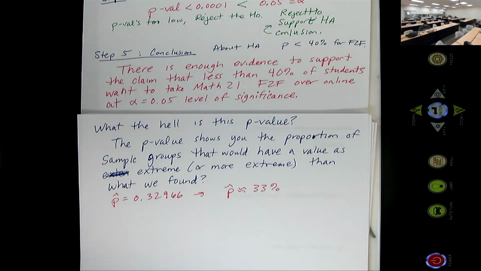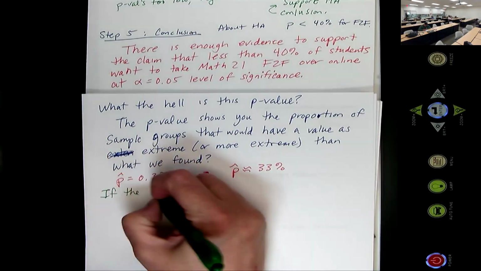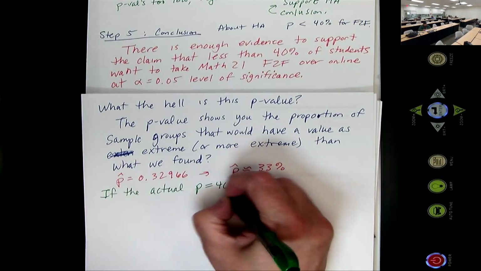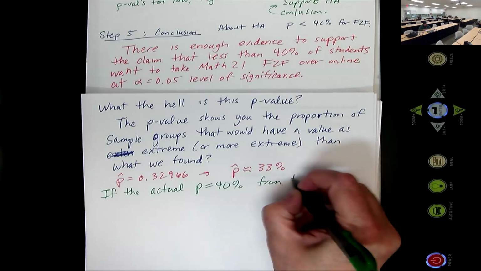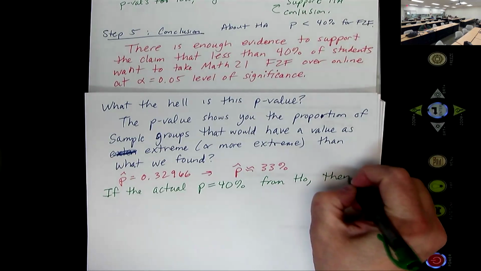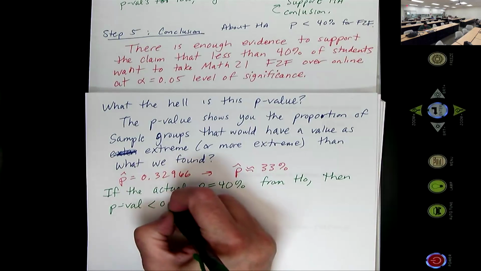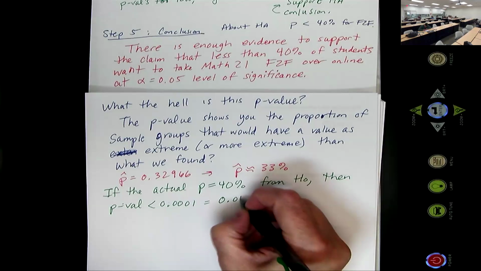If the actual percentage was 40% from the null hypothesis, then if we look at our P value, our P value was less than 0.0001, which is 0.01%.